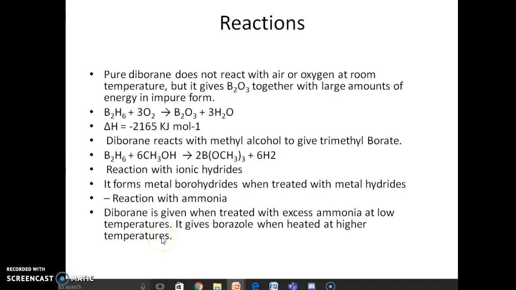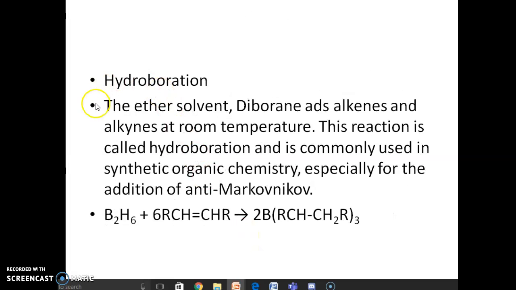The reaction with ammonia is a very important reaction. Diborane, when treated with excess ammonia at room temperature, gives borazole. One more important reaction of diborane is the hydroboration reaction. Diborane adds to alkenes and alkynes at room temperature in the presence of ether as a solvent.